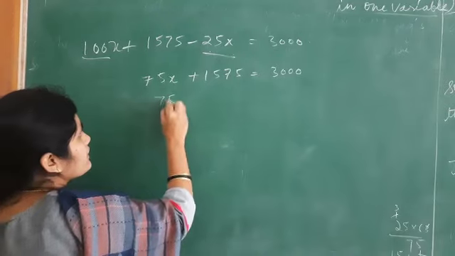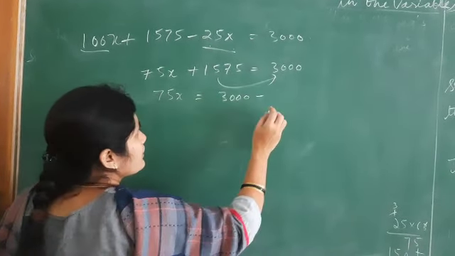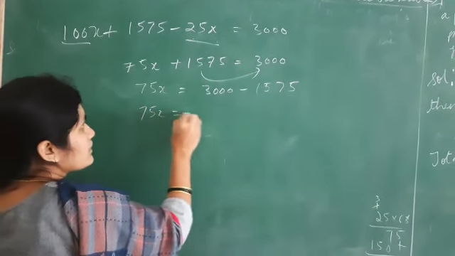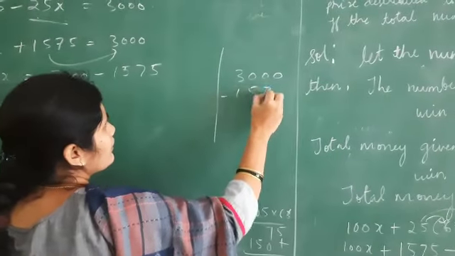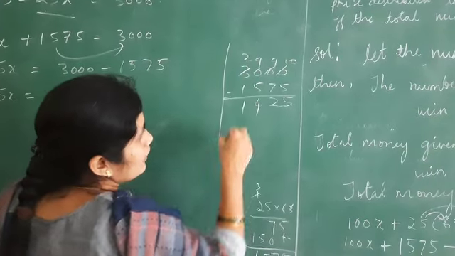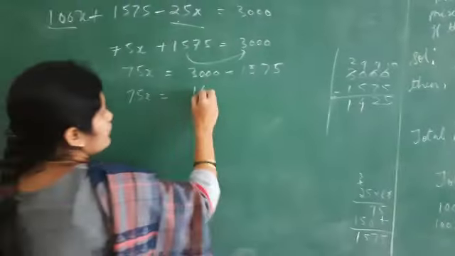Now 75x as it is, transpose this to the RHS: 3000 minus 1575. 75x is equal to 3000 minus 1575, which is 1425.